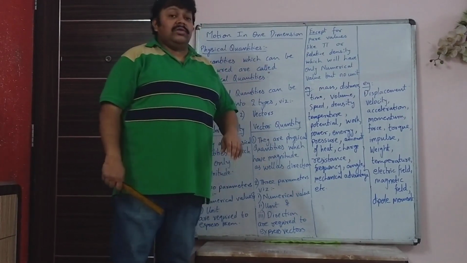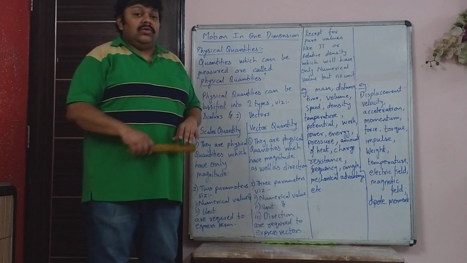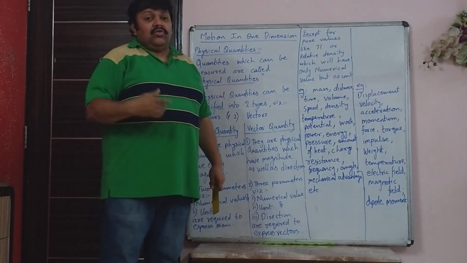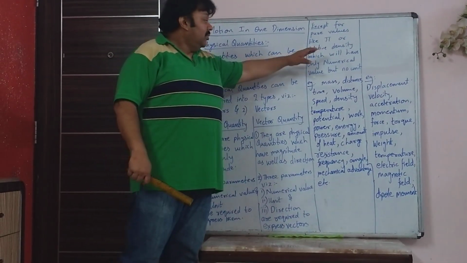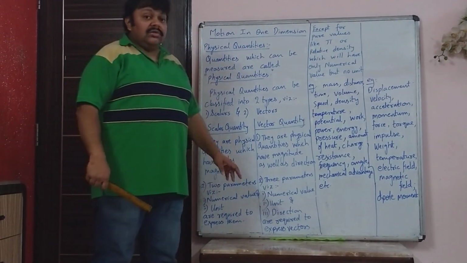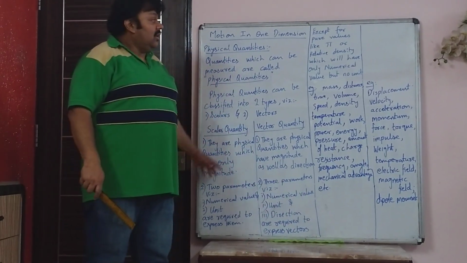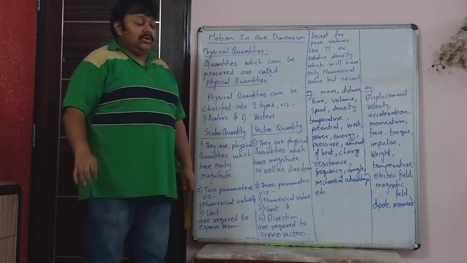Relative density is the density of a substance upon the density of water. So it is density upon density, so the units will go away. So it will have no unit. So those are some scalar quantities which do not have any unit. They have only numerical value, no unit.